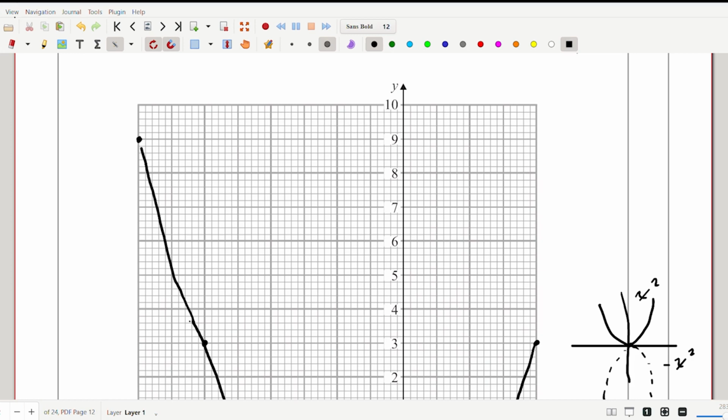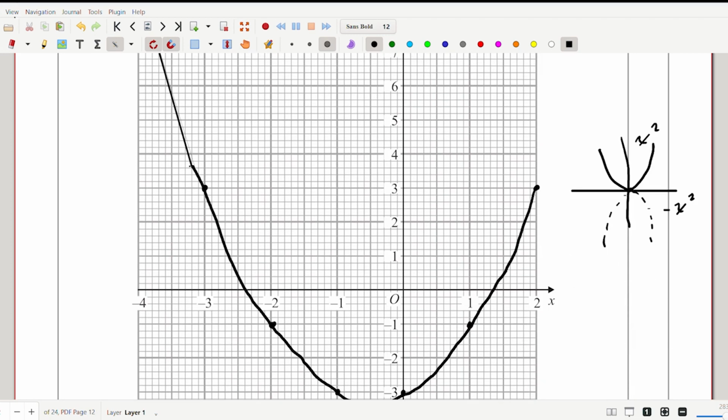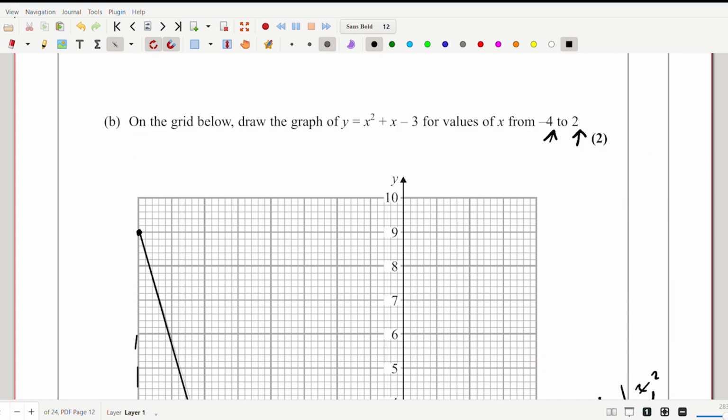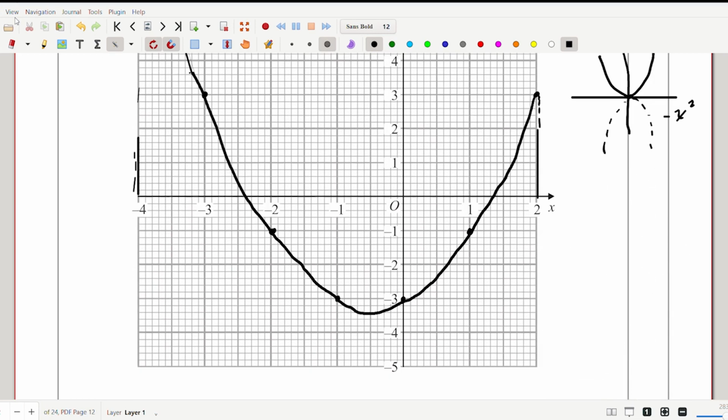You don't have to use your ruler. So ending with 2 and 3 here. It's good to mention that this graph starts at x equals minus 4 and ends at x equals 2.